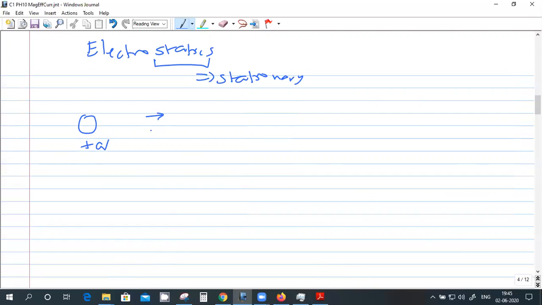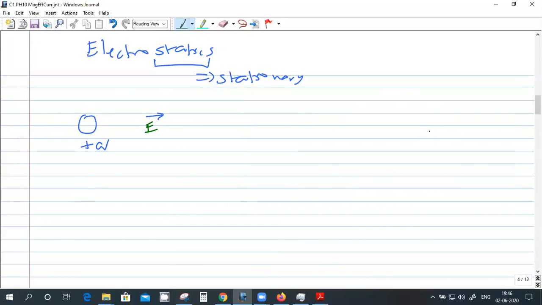What is the symbol of electric field? What is the symbol for magnetic field? Magnetic field is B. Electric field is E itself. What is the symbol for potential?